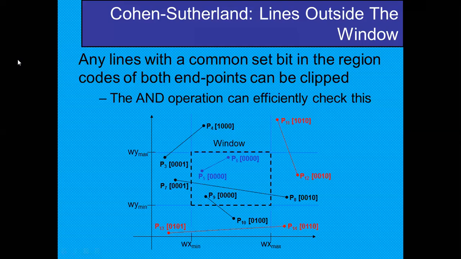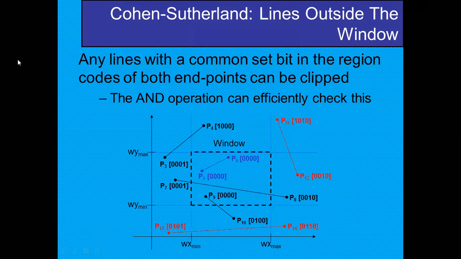At the center the 4-bit code is 0000. If all bits are 0, then this is called completely visible part of the line segments or the points, because it is lying completely inside the window.